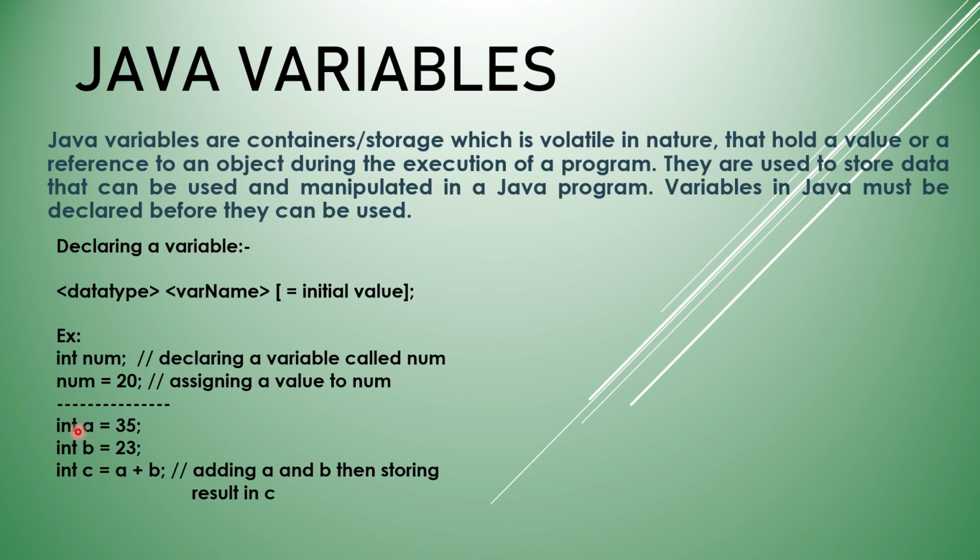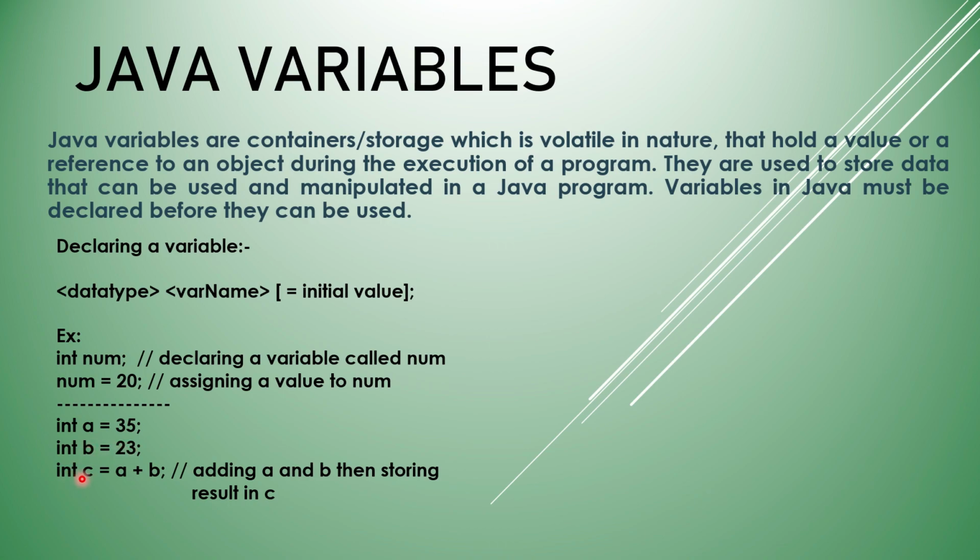You can also declare a variable like a, which is of type int, which holds a value. We have also initialized it while declaration. So the value is 35 for a. Now 35 is stored in a. We have created another variable called b. It is again of type integer, and we are storing 23 to the variable b. So b will hold 23 now.